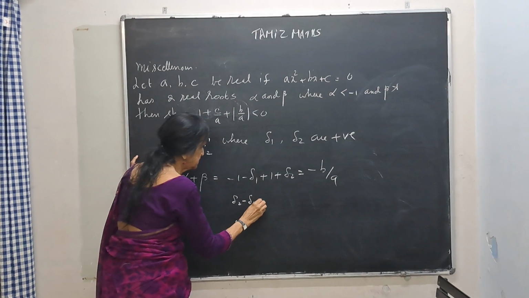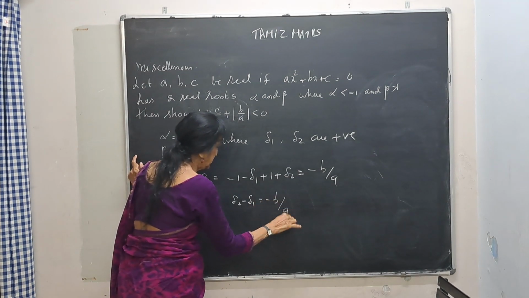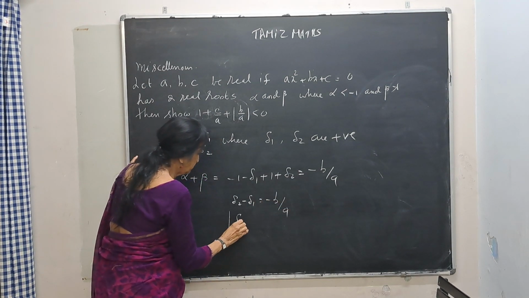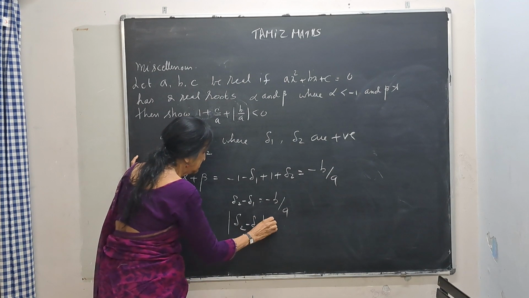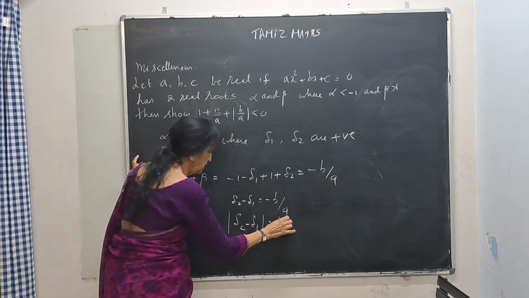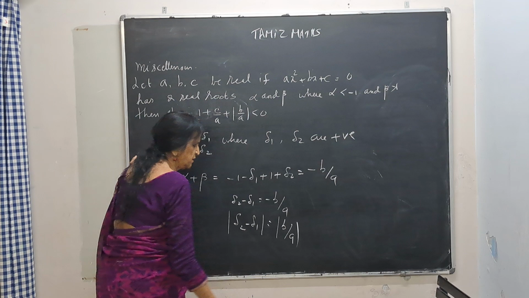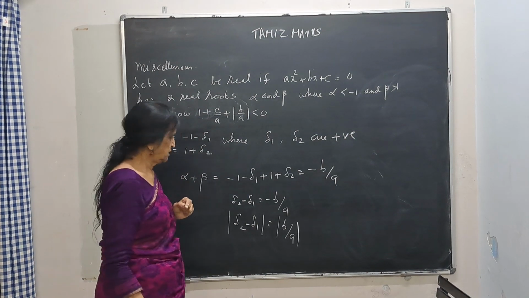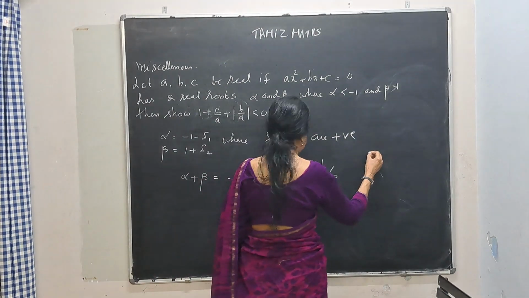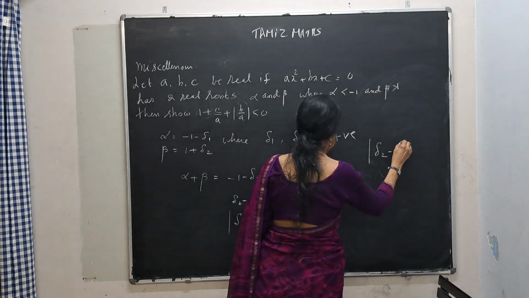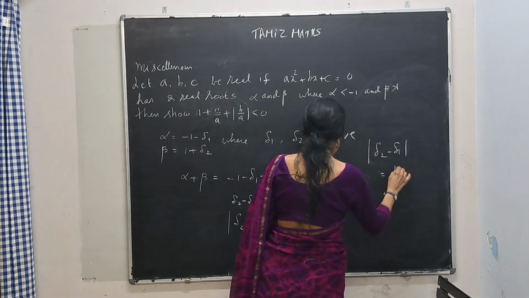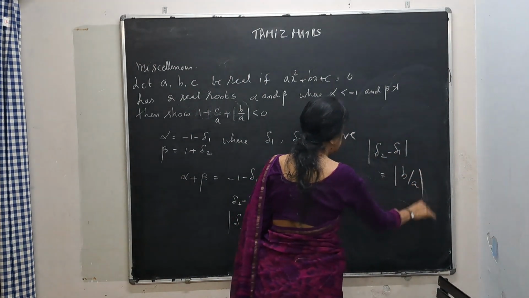Del 2 minus del 1 is minus b by a. So, modulus of del 2 minus del 1 is modulus of minus b by a, which will be modulus of b by a. Okay? So, I have the first information with you. Modulus of del 2 minus del 1 is modulus of b by a.